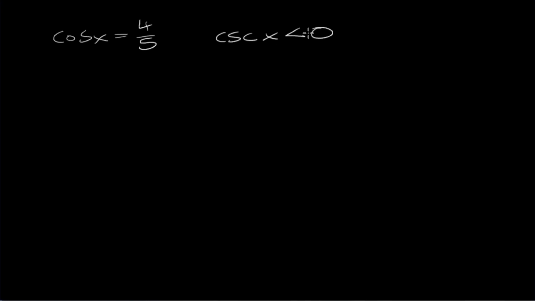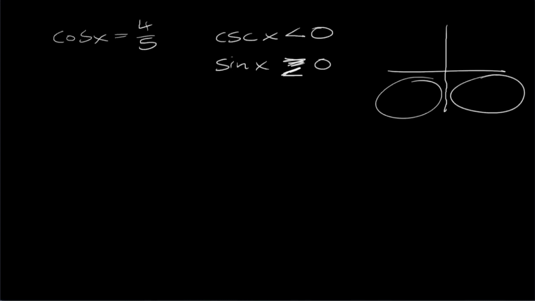Okay, so what you do is process of elimination here, because this is really saying sine of x is less than 0. Sorry. Okay, so sine of x is less than 0. That means the 2 quadrants where that could happen would be here and here. But cosine is positive.